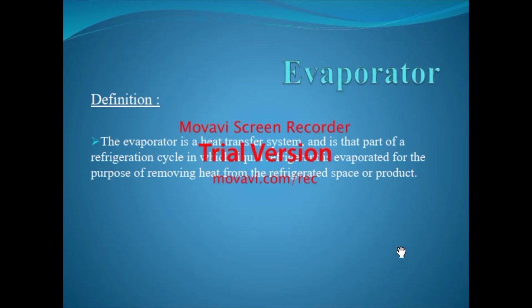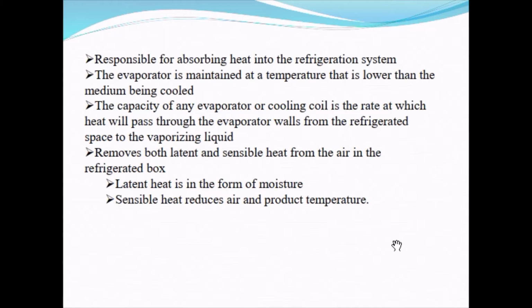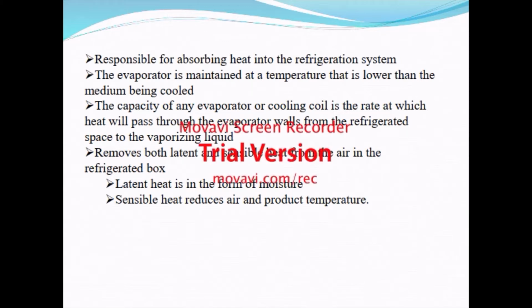Yeah, correct. So, responsible for absorbing heat into the refrigeration system, we will utilize the heat into the refrigerant system. Then we just recycle back the heat into the cooling system, while the refrigeration releases the cooling temperature into the room for room conditioning.